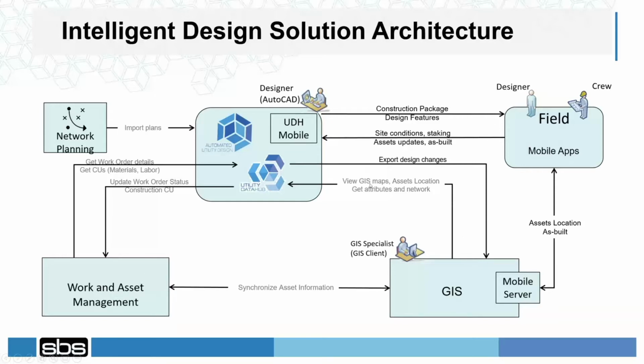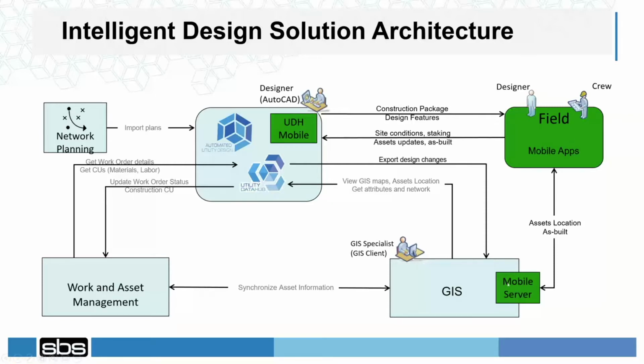But we focus today on integration between AUD and field, and that involves three major components. Of course, I've mentioned the Utility Data Hub mobile component, which is a plugin for AUD and is part of the Utility Data Hub framework. And then there is, of course, an important component in the architecture for the field application.